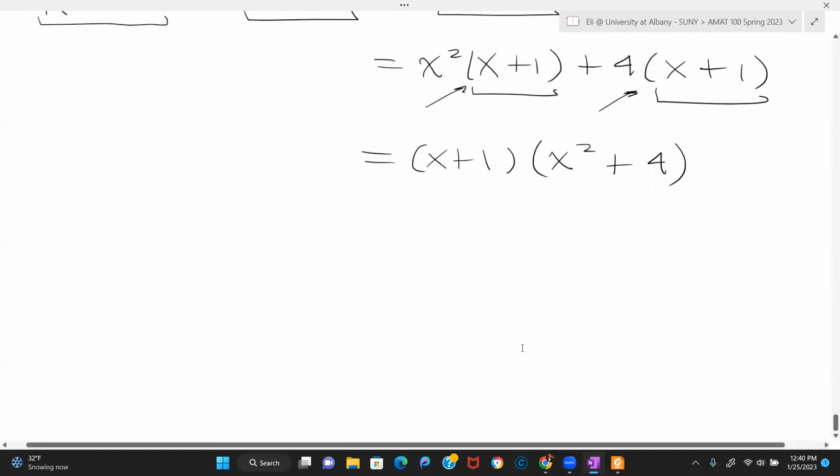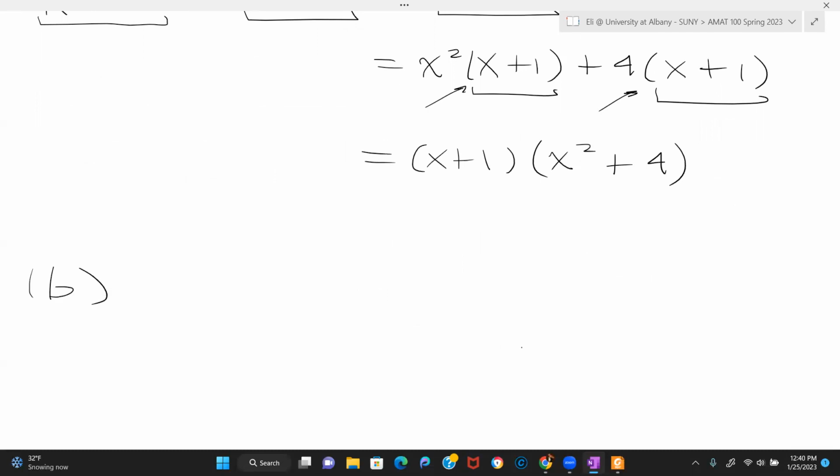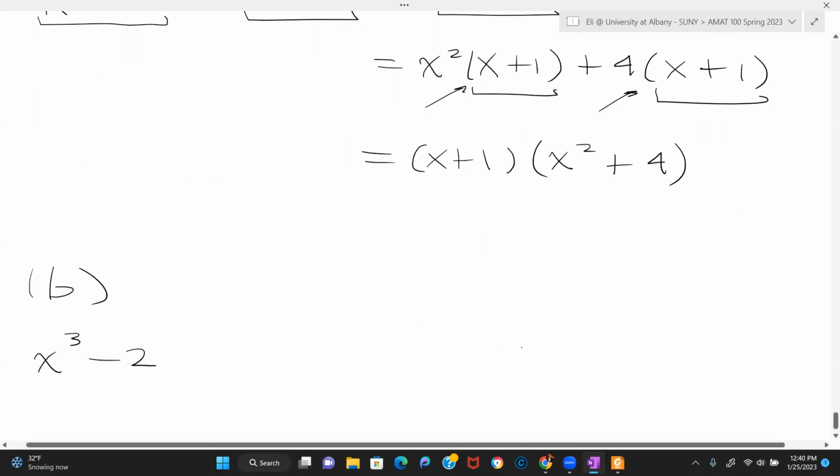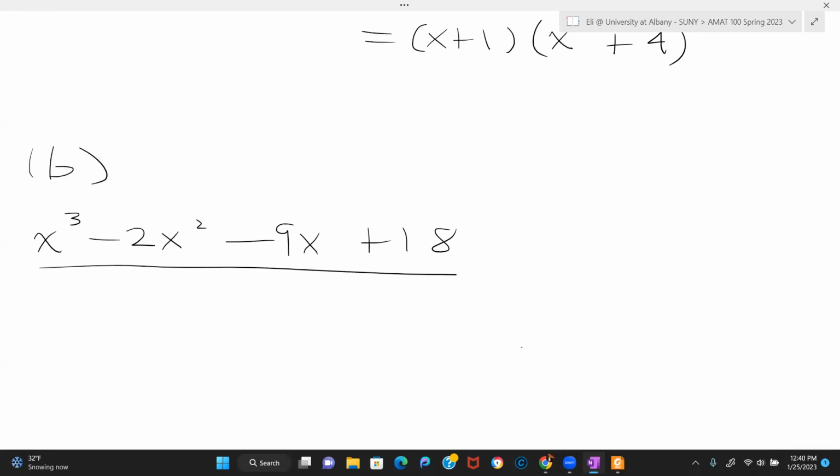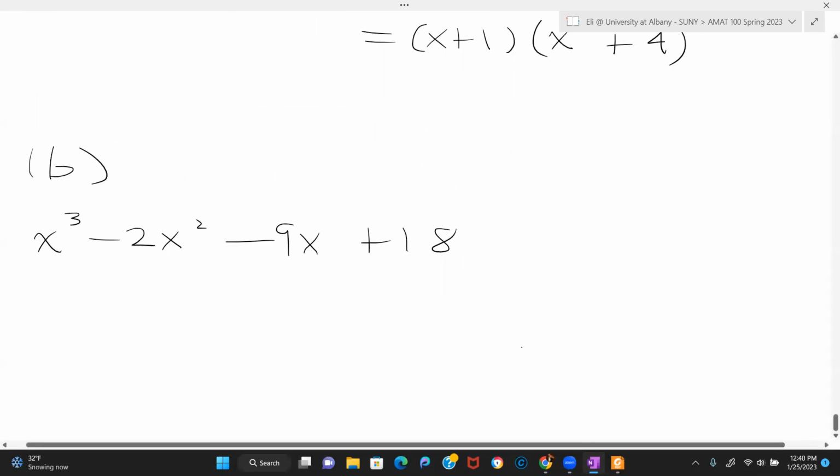All right, so let's do part B, and then that's it. Part B is x cubed minus 2x squared minus 9x plus 18. Again, all these terms considered together don't really have anything in common, but we can associate terms, and those associated terms will have something in common.